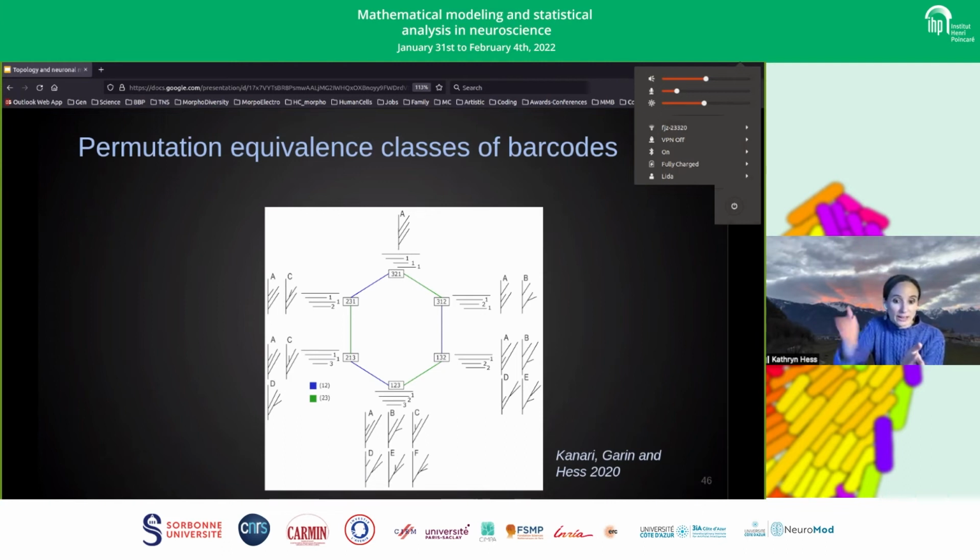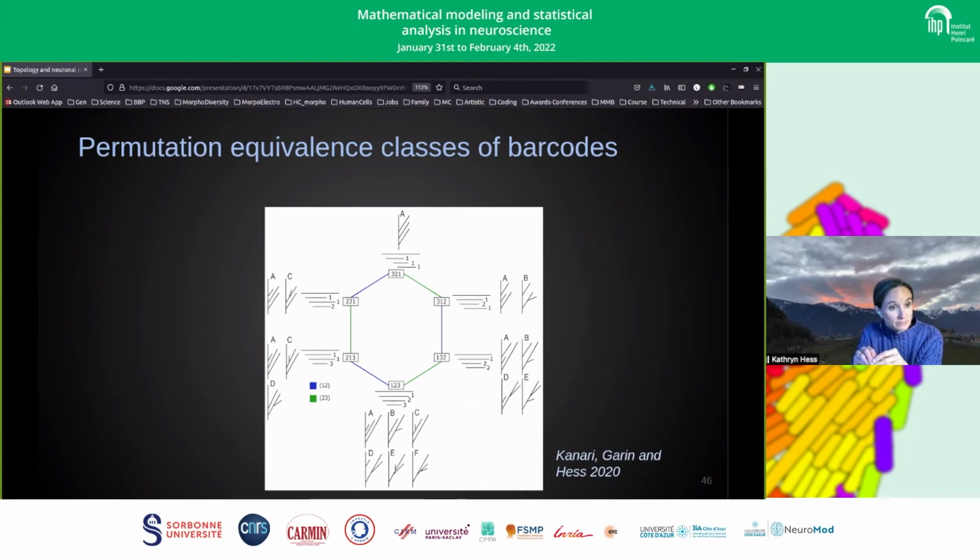Then you can look at the other side to see the order of the endpoints of the bars. This gives you a way of associating a permutation to each barcode. It turns out that the permutation associated to a barcode contains a lot of information about your particular barcode, and it's interesting to classify the barcodes by their associated permutations. We call these the permutation equivalence classes.